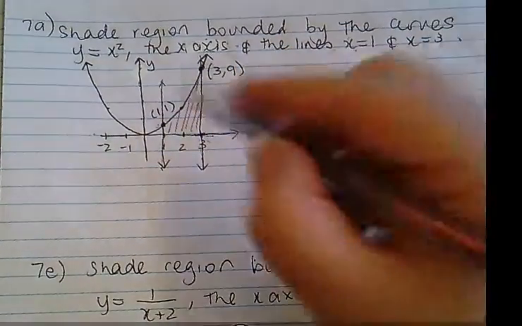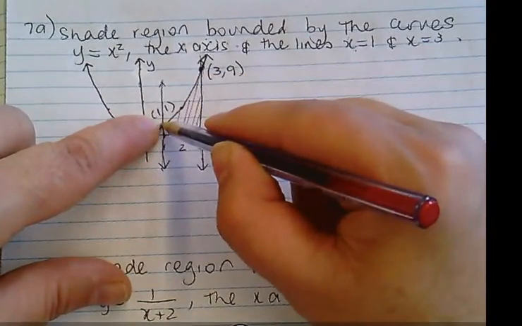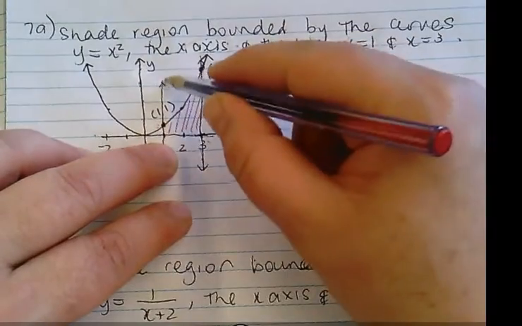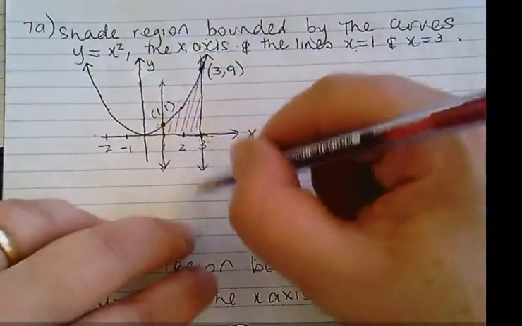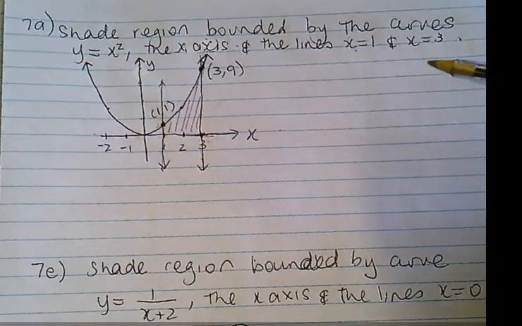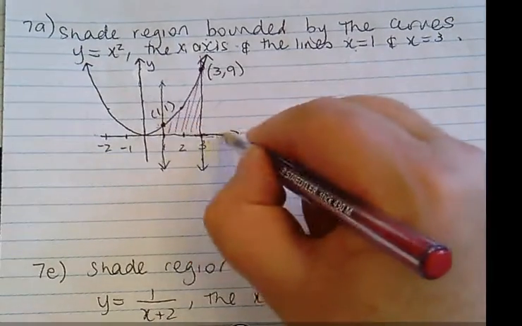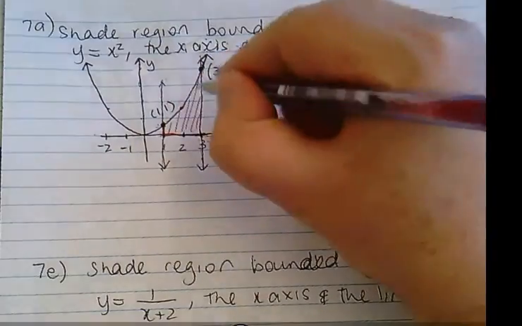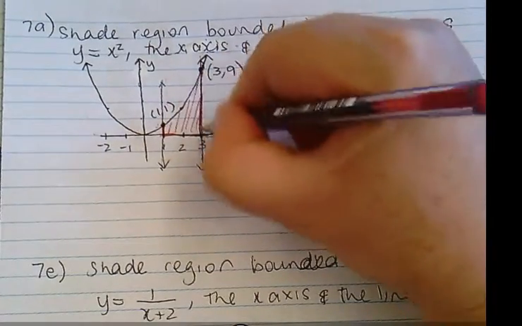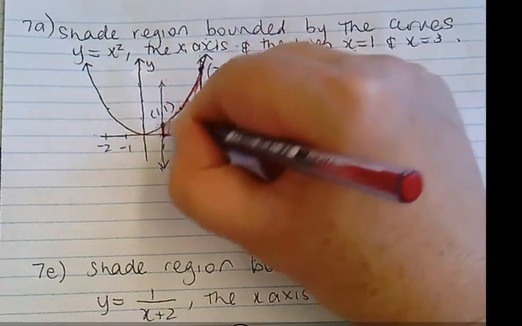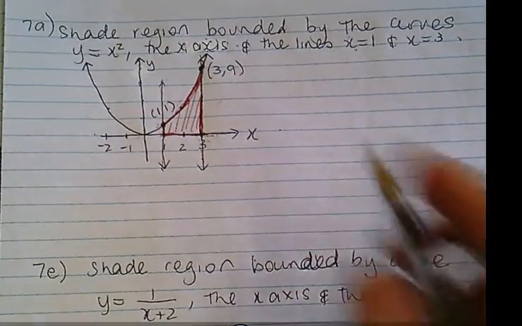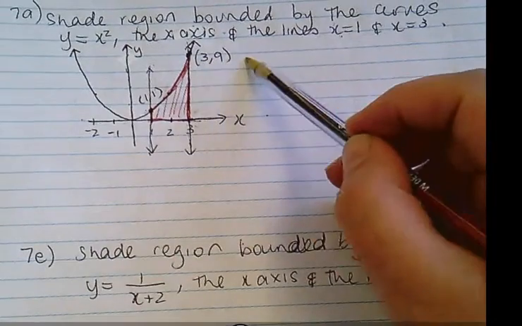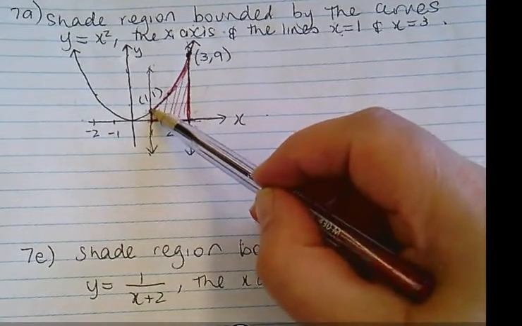See, if they didn't mention the x-axis, you wouldn't know whether you shade up the top or down the bottom. Do you get it? So it's bounded by the x-axis, by the line x equals 1, by the line x equals 3, and by the curve. So it's in there. This is the point 3, 9 and this is the point 1, 1.